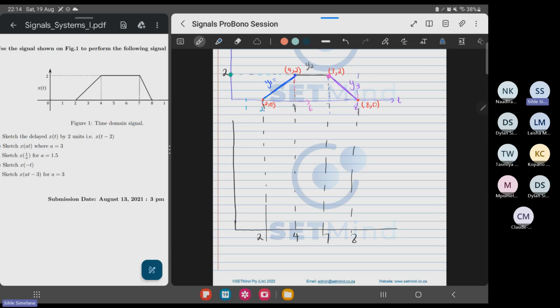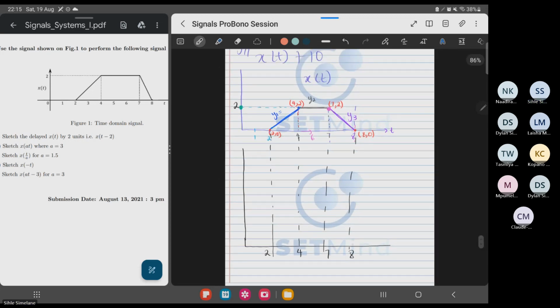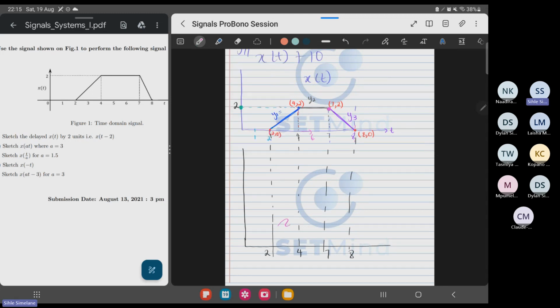So when they say we need to shift the graph 10 units up, it means every point I must take up by 10. So this point here, I can take it up by 10. Let's say our 10 is somewhere maybe here. That's where the 10 is.